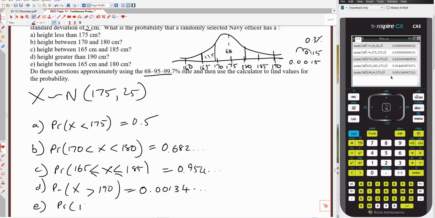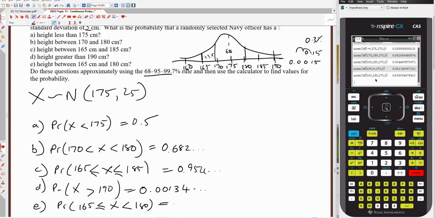Probability that it's between 165 less than or equal to x less than 180. So I'm just flip-flopping around with the equal signs, just to show you that it doesn't really matter. So the lower bound is 165, upper bound, what was it, 180.